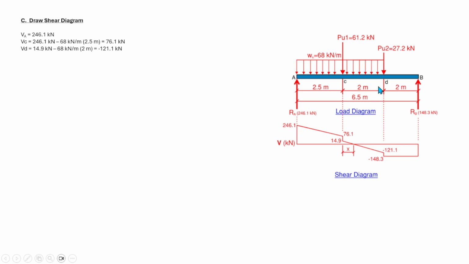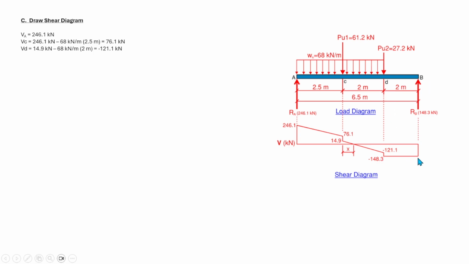Again, at point D we have a dropping load of 27.2 kilonewtons, so minus 121.1 minus 27.2 gives us minus 148.3. The shear at point B is equal to negative 148.3 minus the load between D and B, but we don't have any load here, so our shear diagram is constant from D to B.